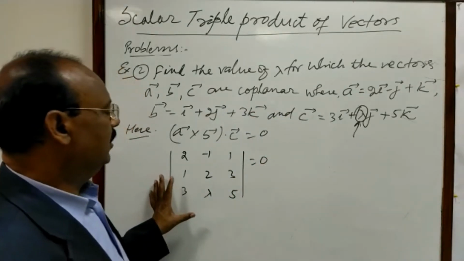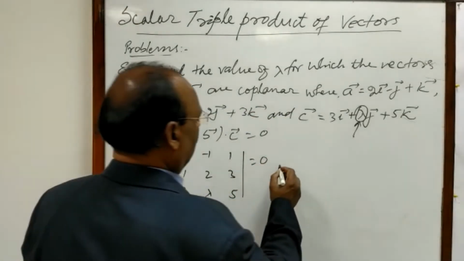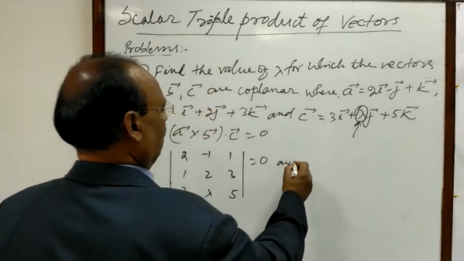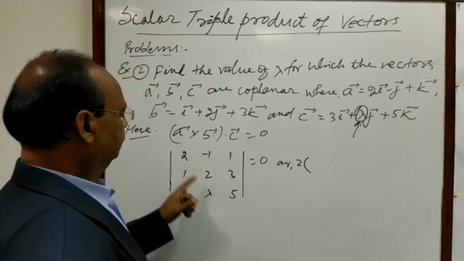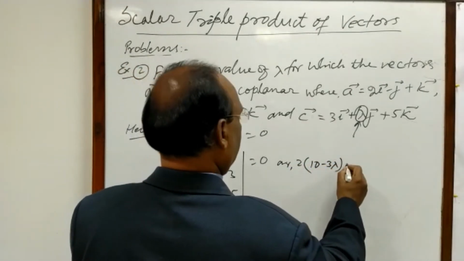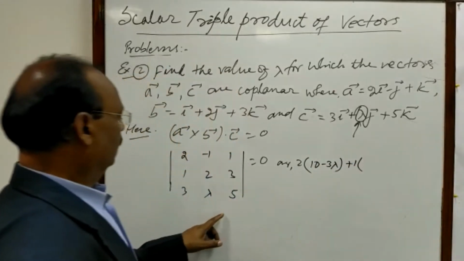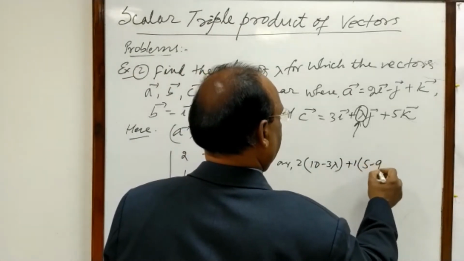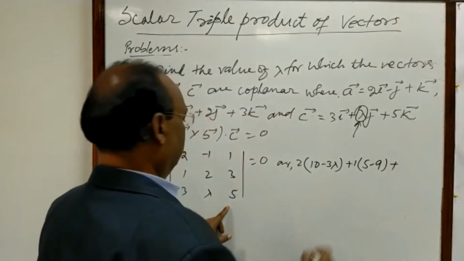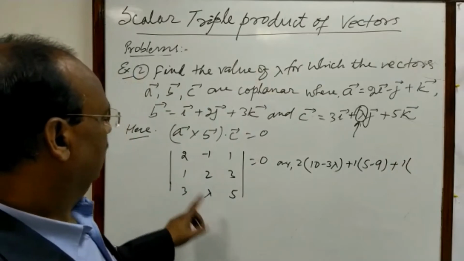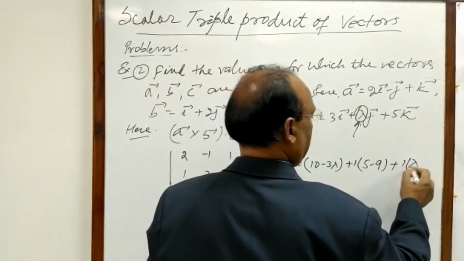Now let us evaluate this determinant. Here 2 into (10 minus 3 lambda) plus 1 into (5 minus 9) plus 1 into (lambda minus 6).